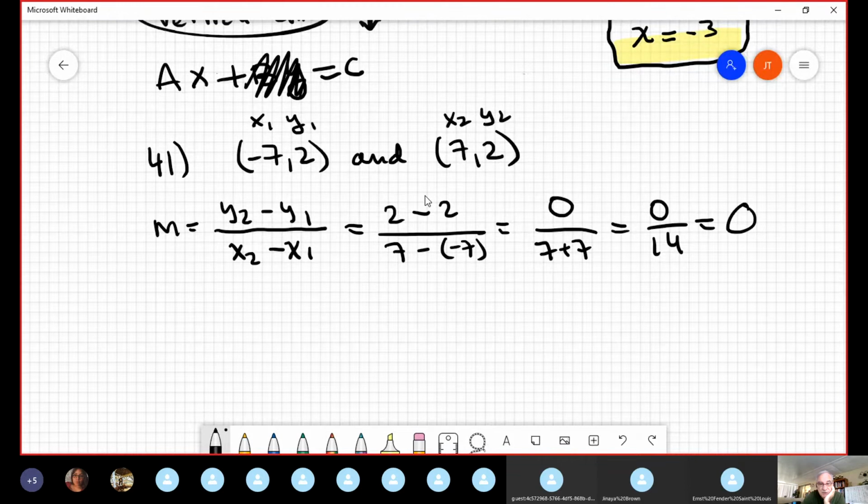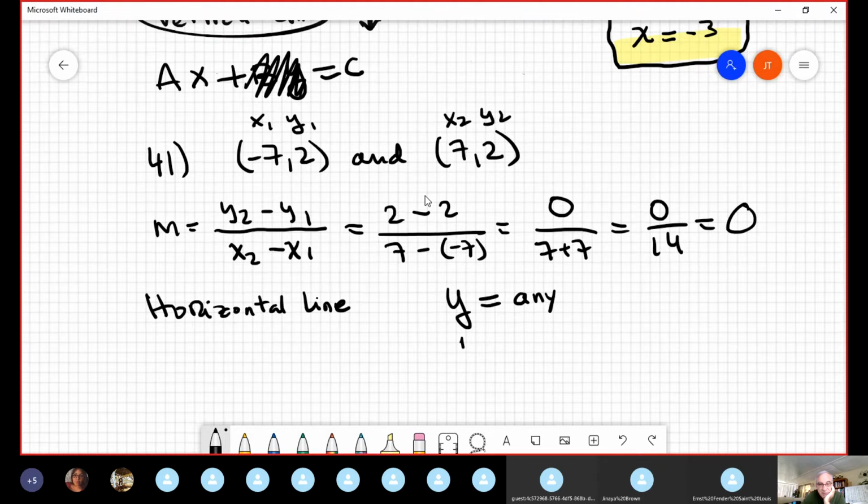0 means automatically we are working with a horizontal line. And the equation for any horizontal line is y equal any number. In this equation, x is missing. X does not exist.